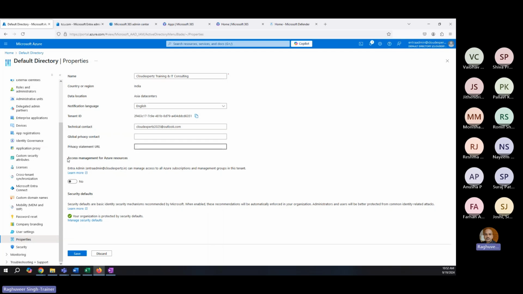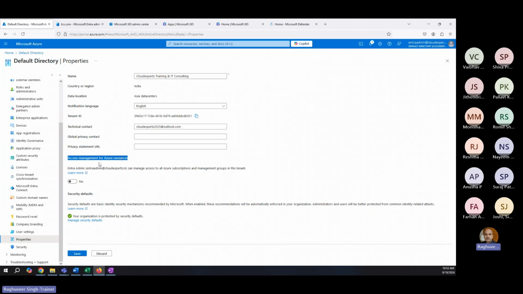The most important thing, which is this. If you remember, the other day I told you that even if you make a member user global admin on Entra and owner on Azure, that person doesn't enjoy the similar privileges that an account admin enjoys, somebody who signed up to Azure, because of this setting.